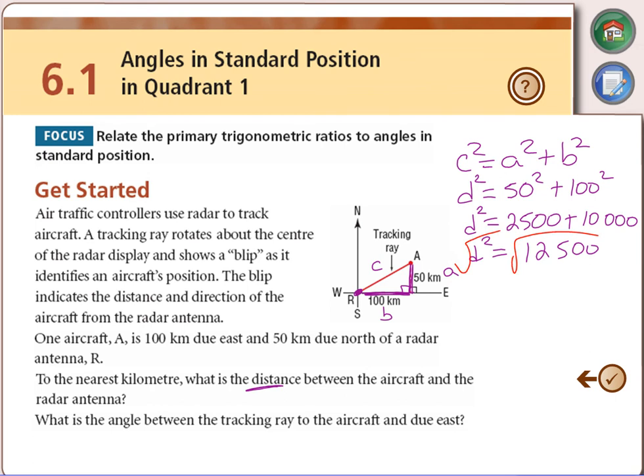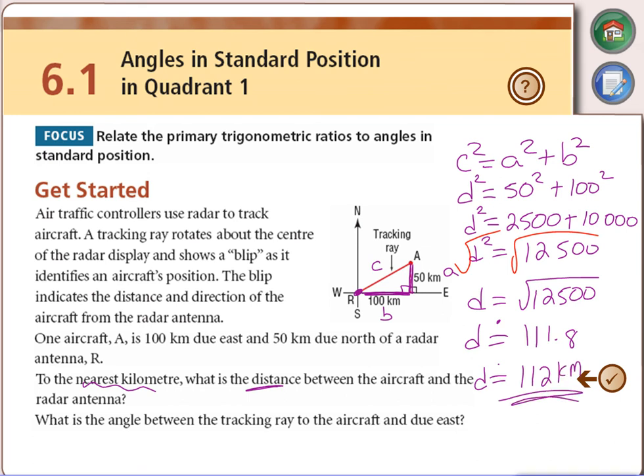That distance is just a positive distance. So d is equal to the square root of 12,500. That's your exact form. Punch it into your calculator because they had said, let's go to the nearest kilometer. So d is approximately equal to 111.8, which to the nearest kilometer is 112 kilometers.